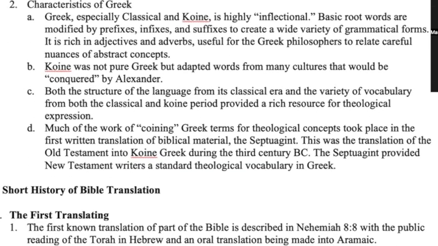So some characteristics of Greek. It's very inflectional. That means words are changed a lot. So prefixes, changes inside a word called infix, and then suffix at the end of words. All of these changes within a word tell us what kind of word it is and where it fits in the sentence.